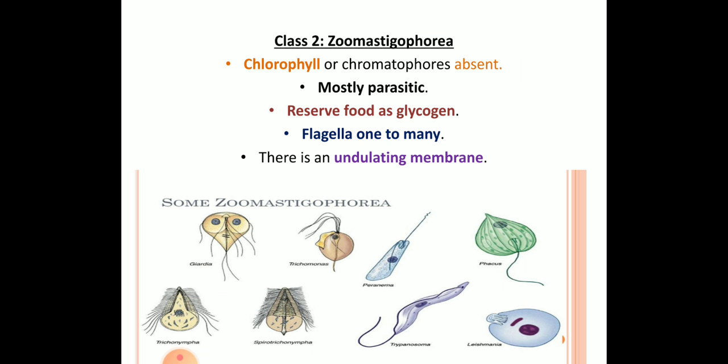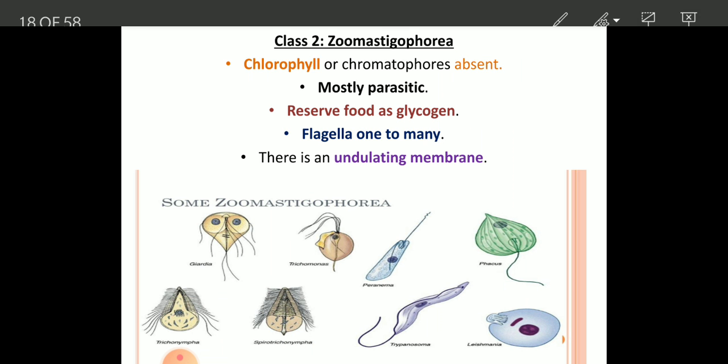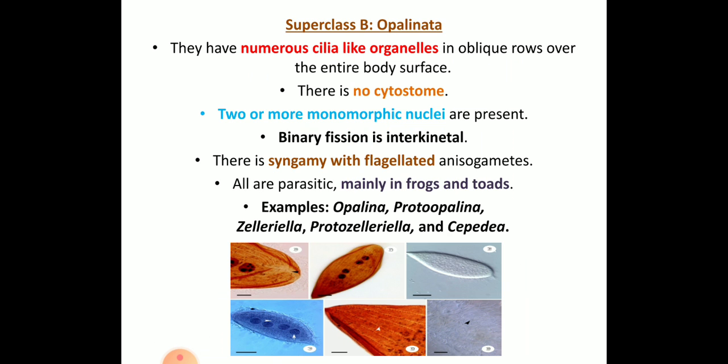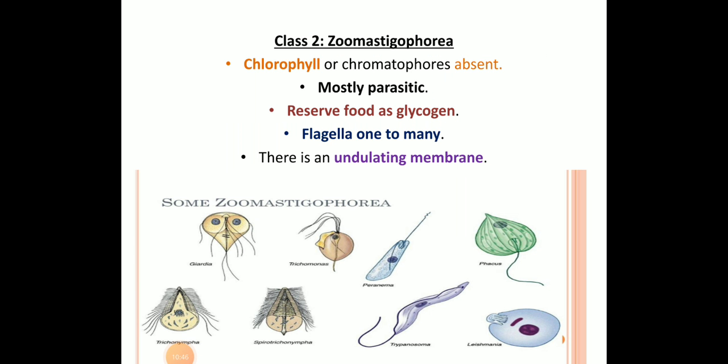So glycogen, remember the name, glycogen will be the reserve food, and flagella, it may be one or many, and they have undulating membranes. Usually they help in different types of characteristics also. So this is about the class 2 Zoomastigophora.